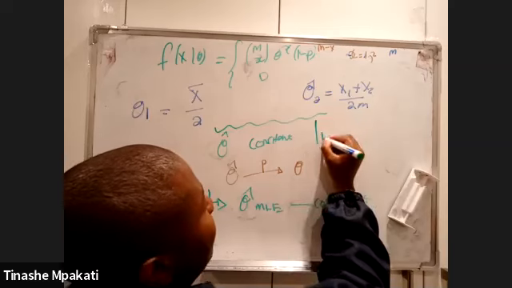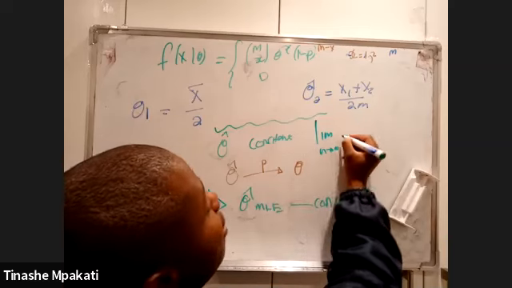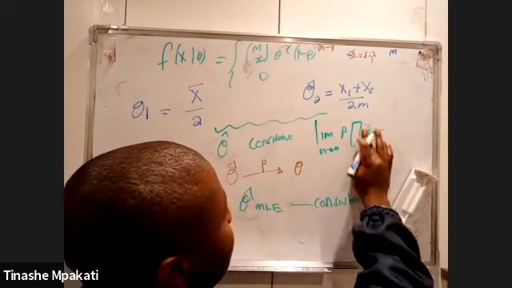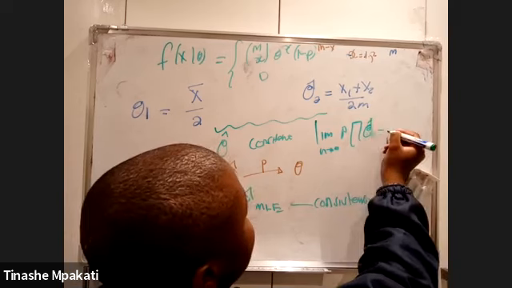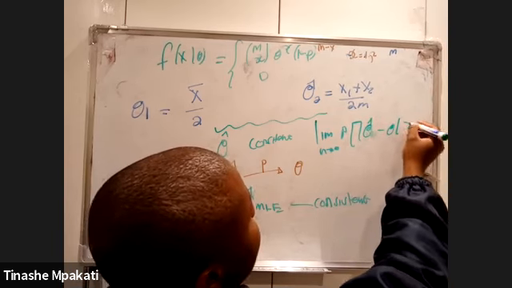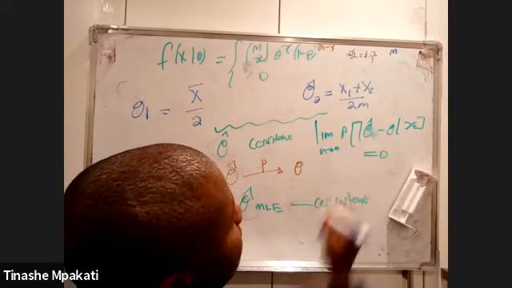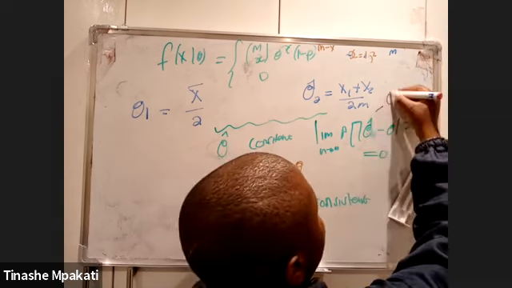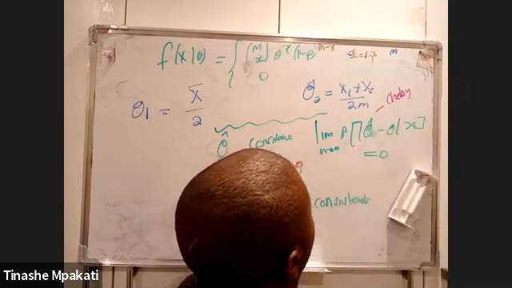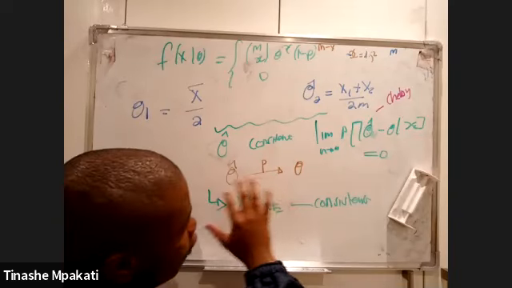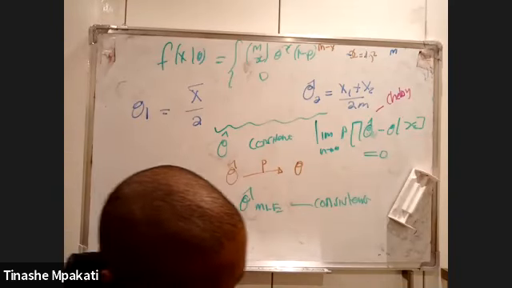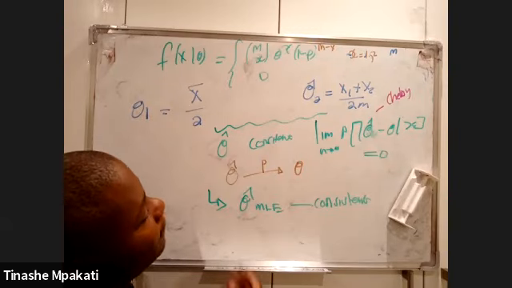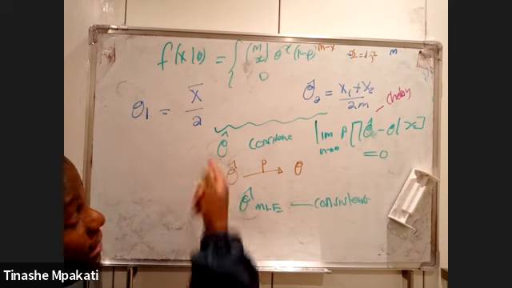It's just a matter of showing that the limit as n goes to infinity of the probability of the estimate minus the true parameter being greater than some epsilon is equal to 0, right? Where you would have to use Chebyshev's inequality to solve this other part here, okay? So again, if you can just show that this estimate actually converges to the true parameter in probability, then you would have shown consistency, that your estimate theta is consistent.